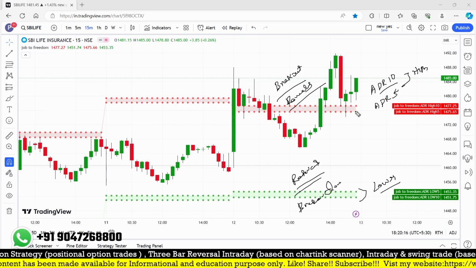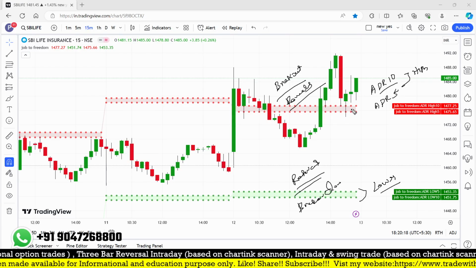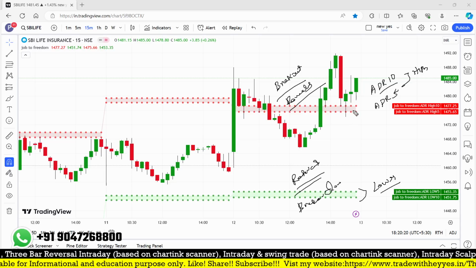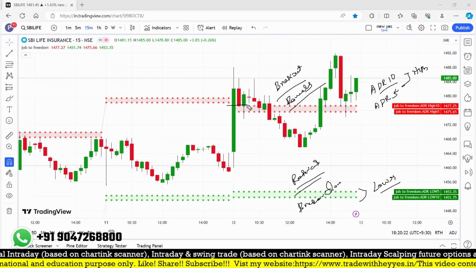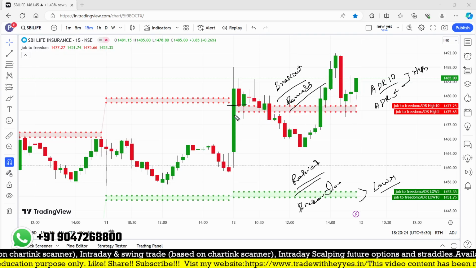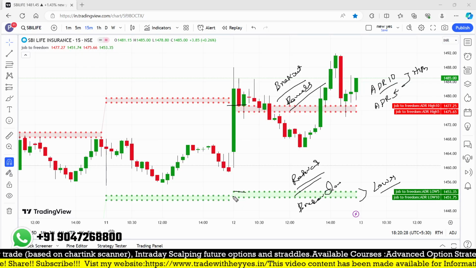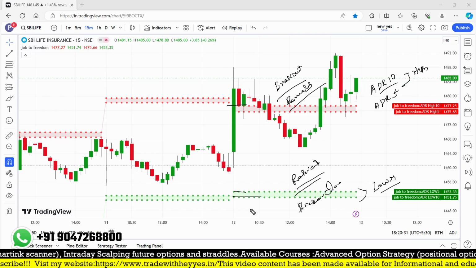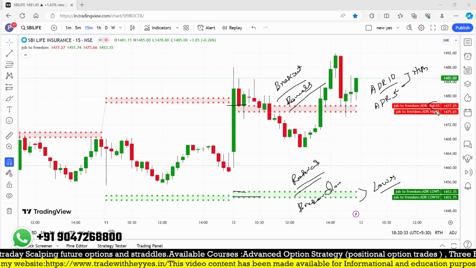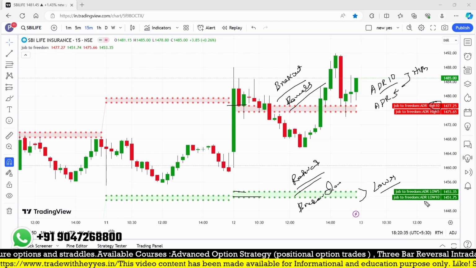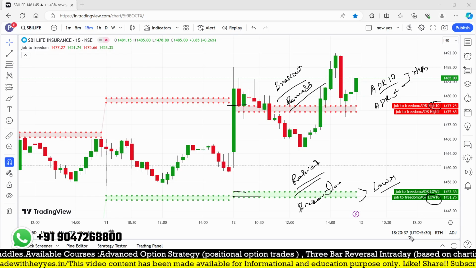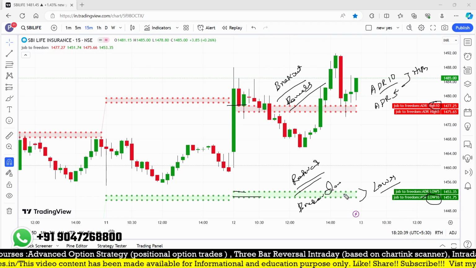Of the two ADRs, whether ADR 10 or 5, whichever is higher, when the market closes above it in a particular time frame, we fetch the stock details. Likewise for the lower level, whichever of ADR 10 and 5 is lower. In this case ADR 10 is the highest level and ADR 10 low is the lowest, comparing the two.